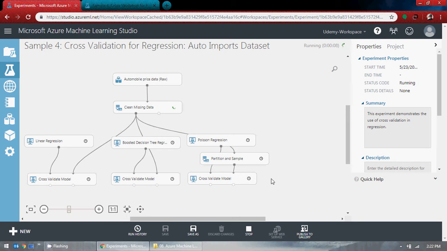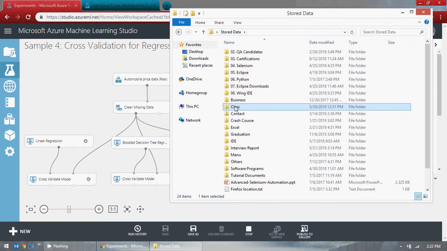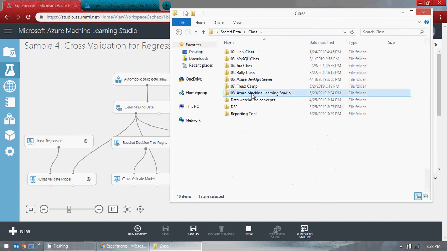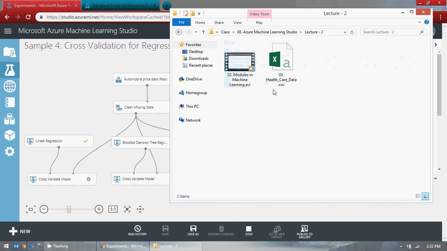Cross validation for regression. They use the same data we've been using. But if you want different data, you have this different data. You can use healthcare data. If you don't like automobile, use healthcare data.